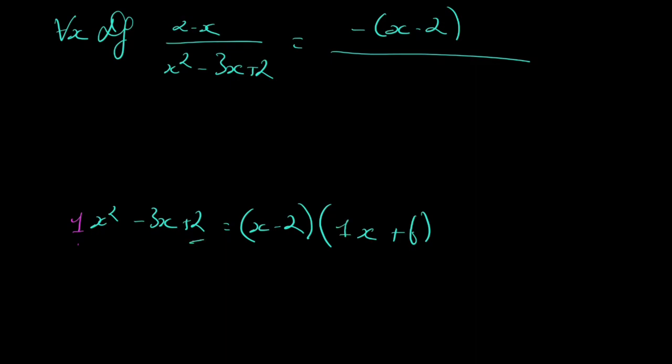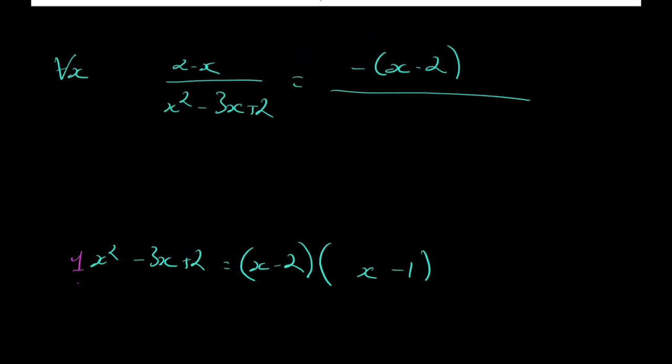Almost same thing for b. We know that the 2 can only be created by minus 2 times b. And so we get that b is equal to minus 1. So x minus 1. And now we know that Df is for all x not in 1, 2.